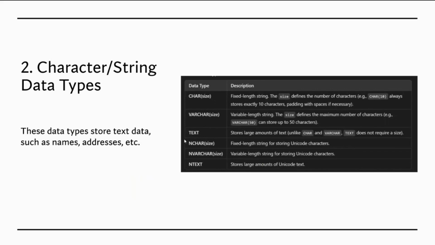So here you can see char, varchar, text, nchar, nvarchar, ntext. Basically, these all store text data, such as names, addresses, email addresses, like this different types of data. Those related to text, it will store. So we call it character string data.